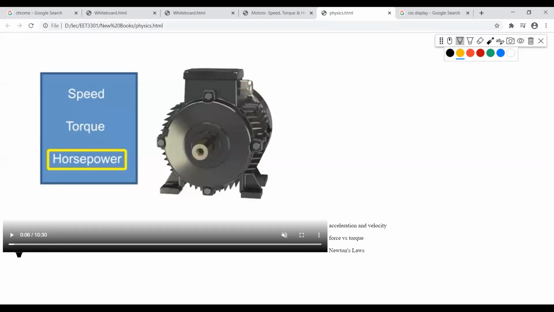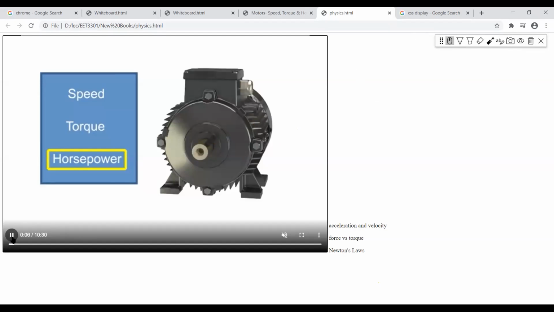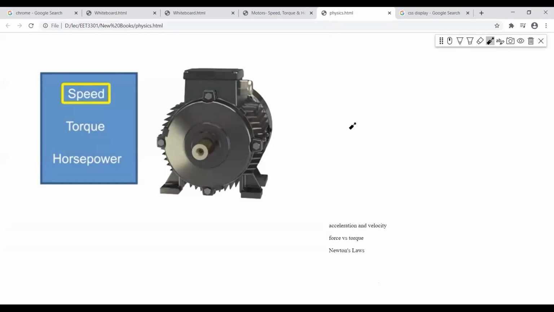So whenever we speak about the speed of a motor, what we are basically speaking about, as you can see now, is this shaft rotating here.